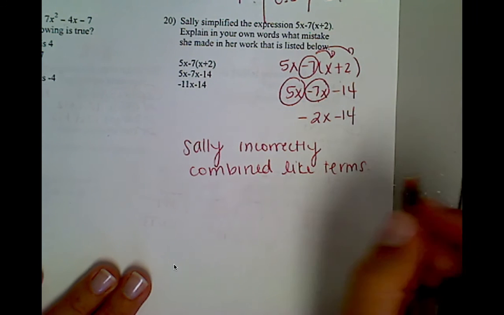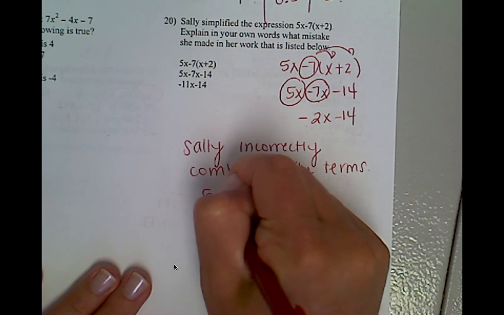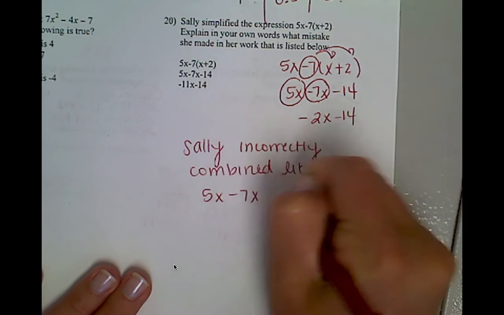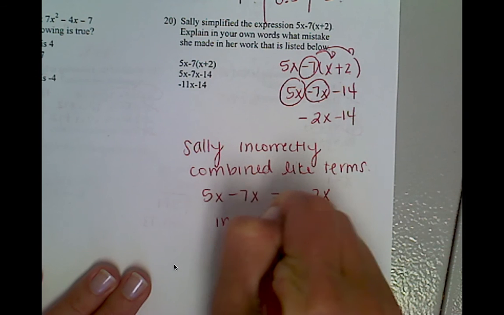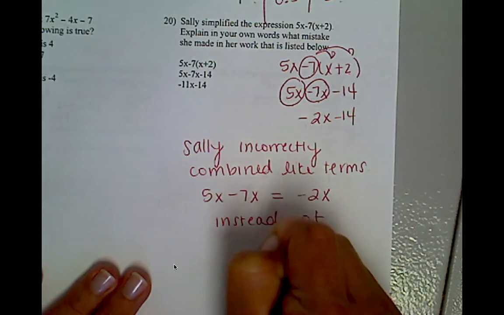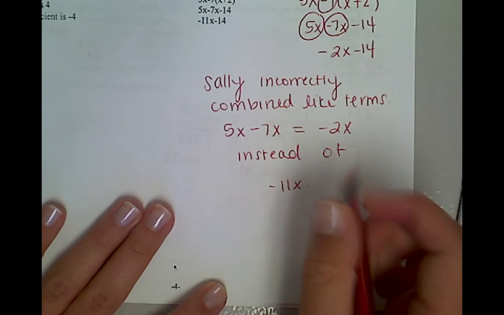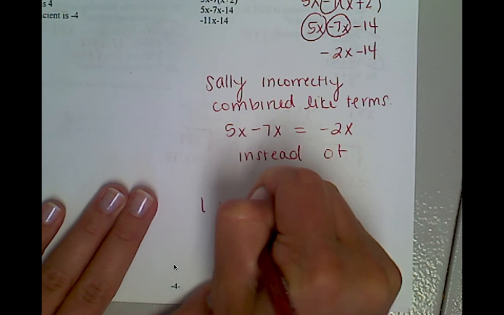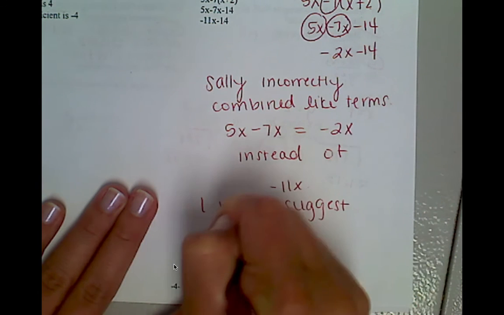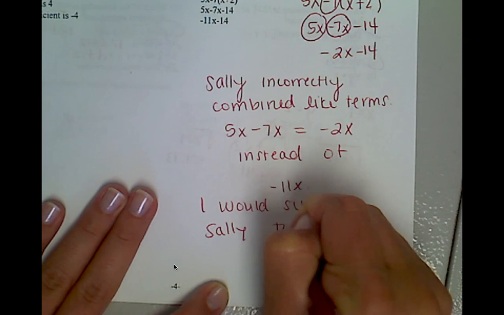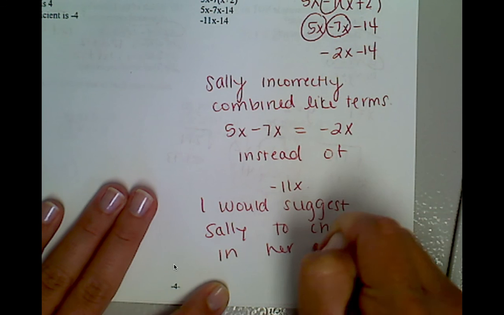So I would say positive 5x minus 7x should equal a negative 2x instead of negative 11x. And if you want to just be very helpful to Sally, you could say, I would suggest Sally to check in her calculator.